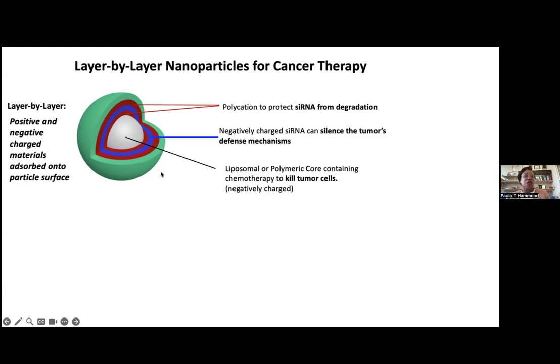Negative charge is useful to us because other cells usually have negatively charged glycans on their surface, which means that they are going to be repelled from interactions with this nanoparticle. And that lowers the chance that we're going to interact with healthy cells.